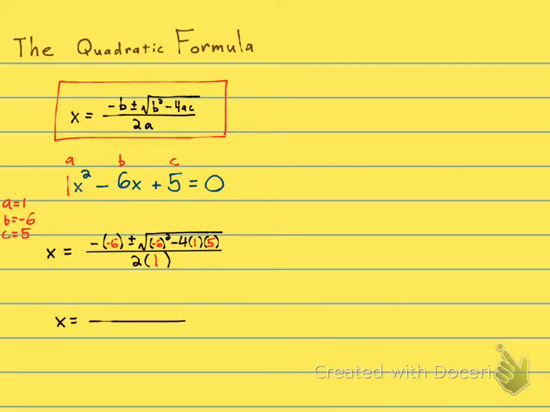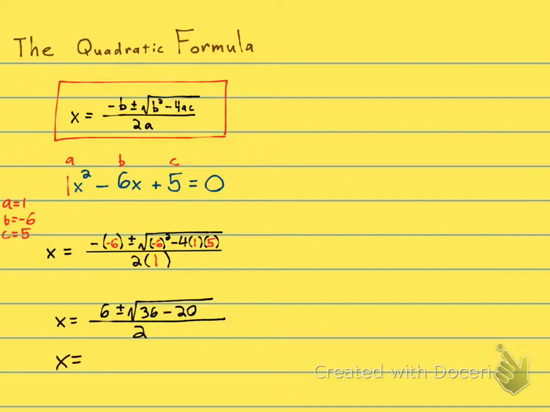The opposite of negative 6, well, that's a positive 6. Opposite of a negative is a positive. Plus or minus the square root of negative 6 squared is 36, minus 4 times 1 times 5, well, that's minus 20, all over 2 times 1, which is 2.